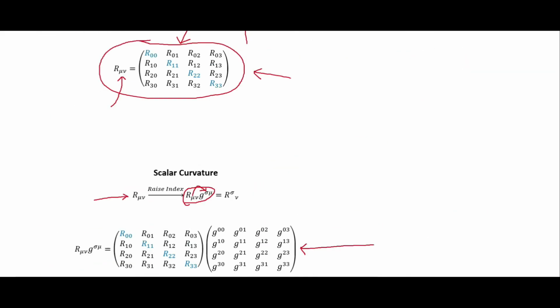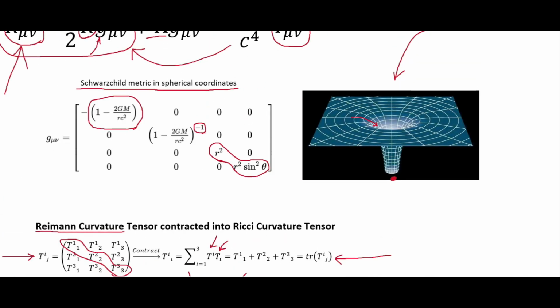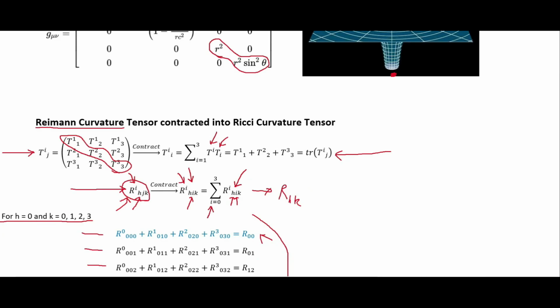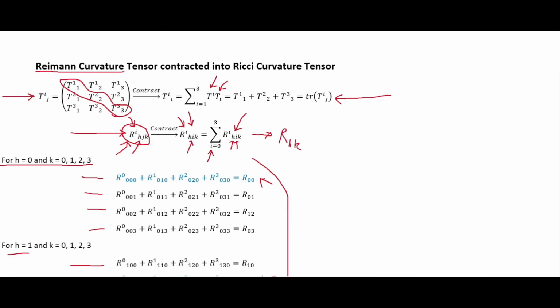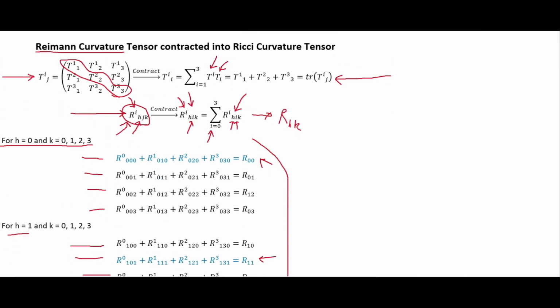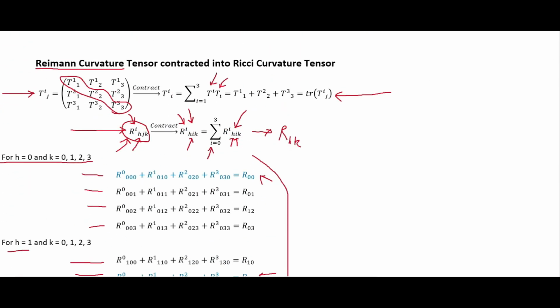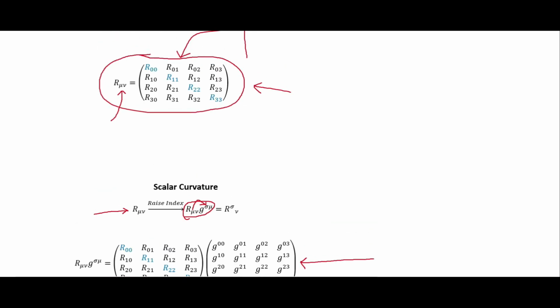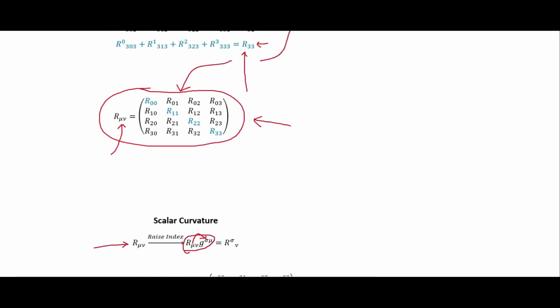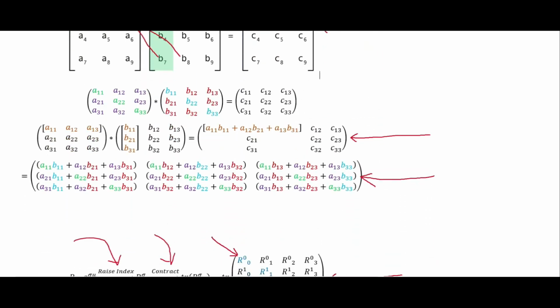The main things to take away are that the Ricci tensor is the contraction of the Riemann curvature tensor, and the Ricci scalar is the contraction of the Ricci tensor, which is a rank 2 tensor.